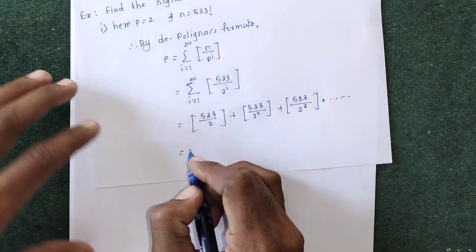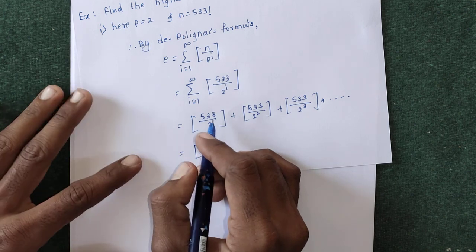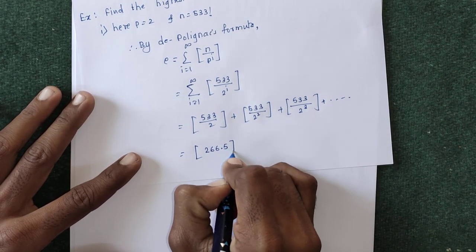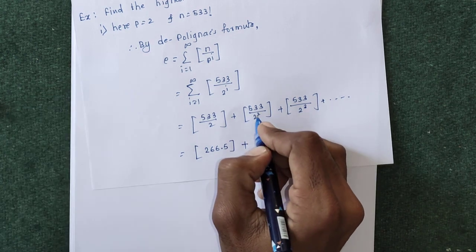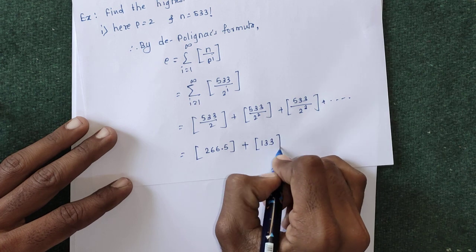And simplifying this, dividing 533 by 2 on calculator, we will get 266.5, plus again dividing 533 by 2 square, we will get 133.